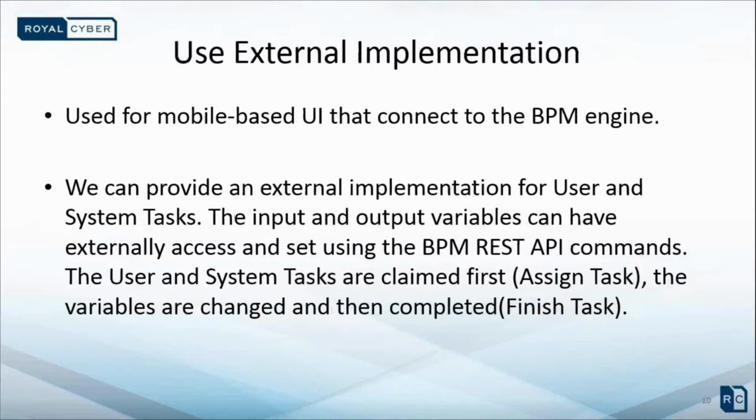The next approach is use external implementation. Wherever human intervention comes into the picture, an external activity or external implementation would be defined with inputs and outputs, and the external UI would use the REST APIs or the Java API to get the list of tasks for the process instance.